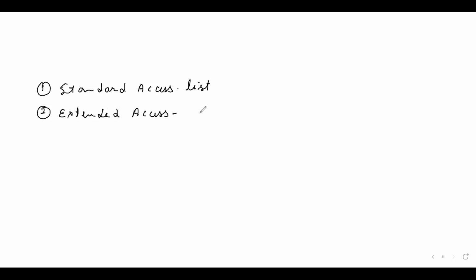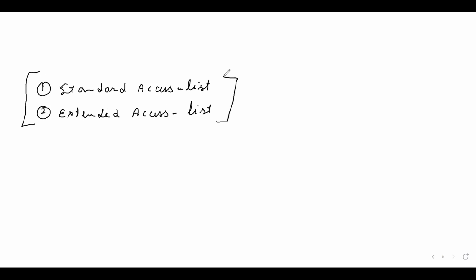Where were we, sorry. Access list we have two types. First one is standard, and second one I have extended access list. Now, why two types?